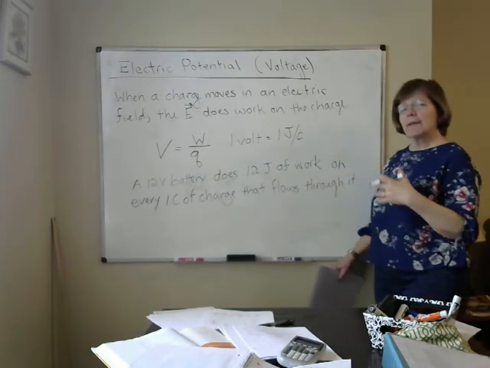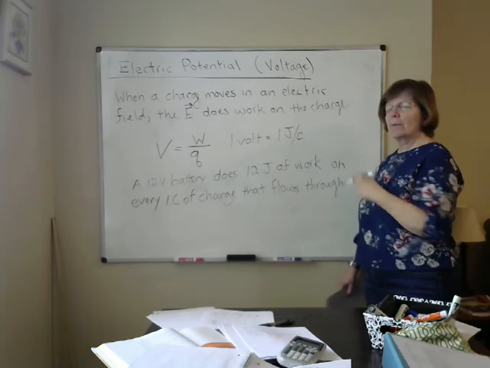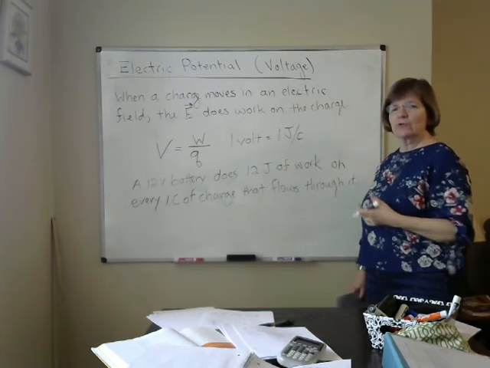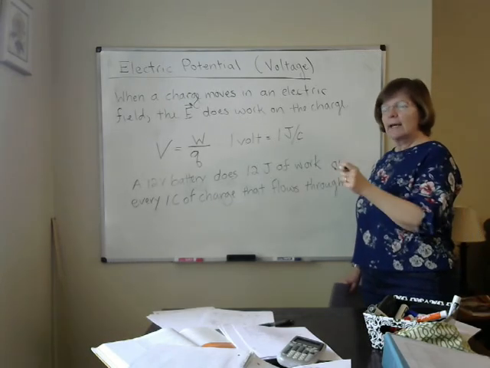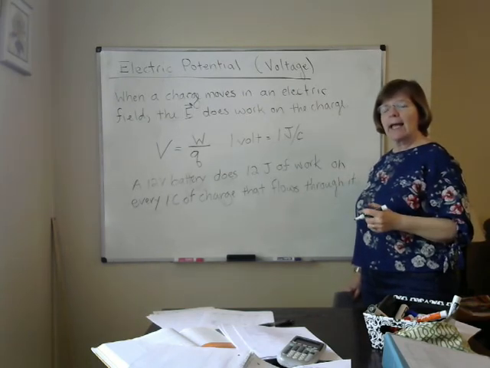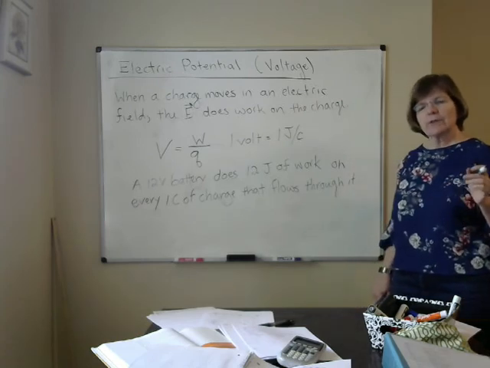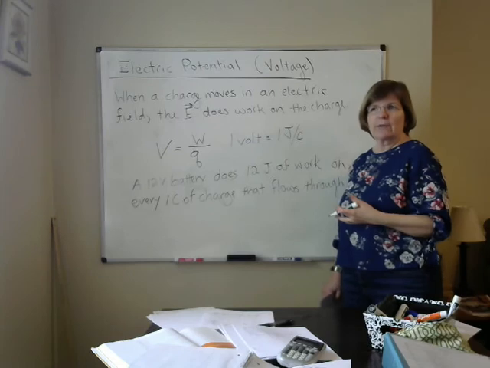Another way to think about that same thing is that when a coulomb of charge goes through the battery, that coulomb of charge gains 12 joules of potential energy. So when you connect a 9 volt battery, every coulomb of charge that flows through it has 9 joules of work done on it, and every coulomb of charge that flows through it gains 9 joules of electric potential energy.